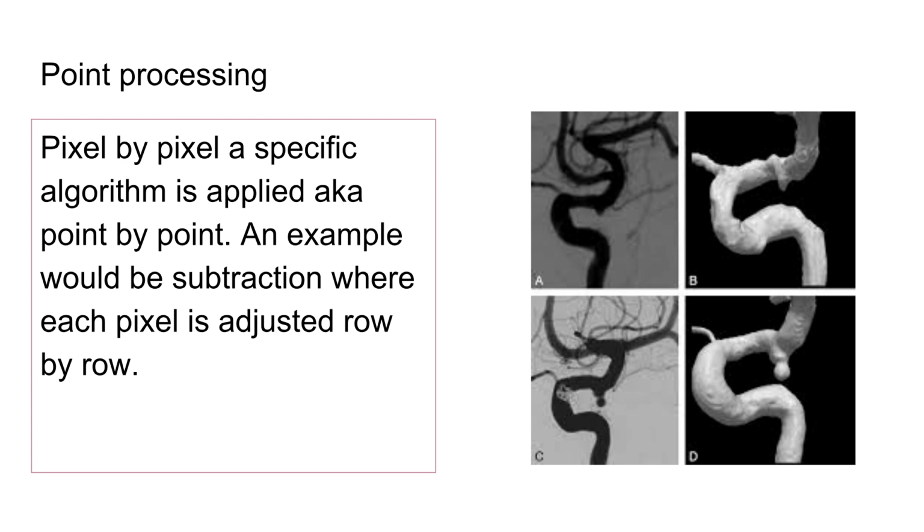So in this example, you start off with A, and you can't see the vessel very well because it's a dark vessel against a fairly dark gray background. Wouldn't it be nice if we could subtract it out, pull that vessel out so we could see it better?